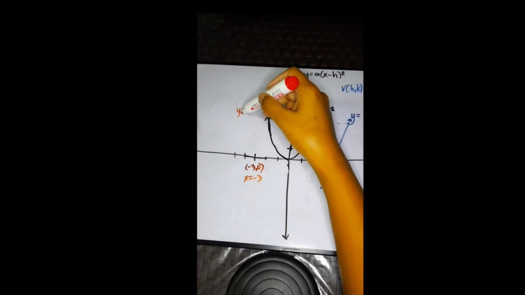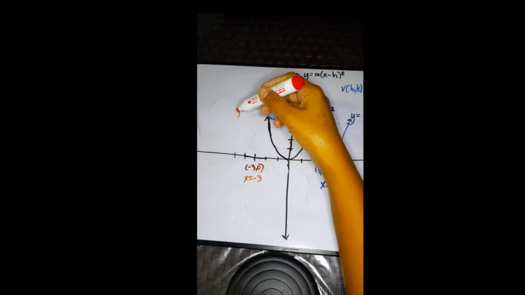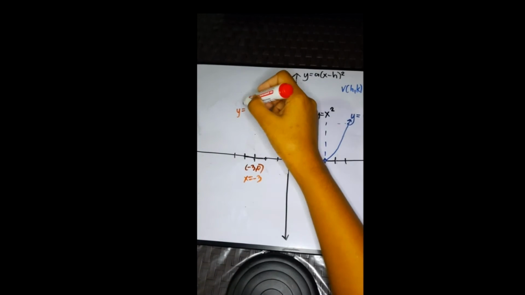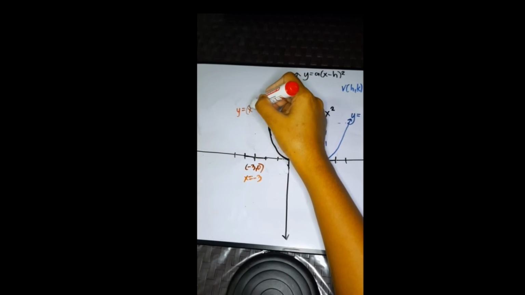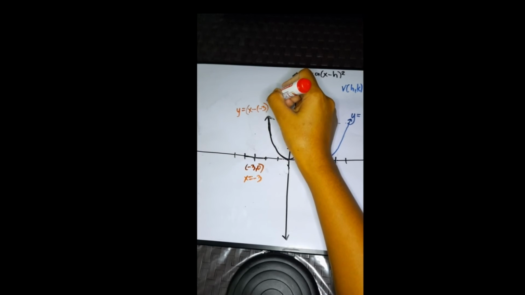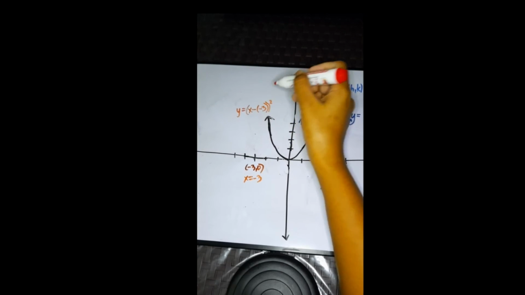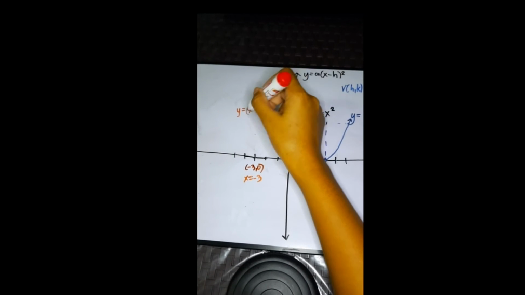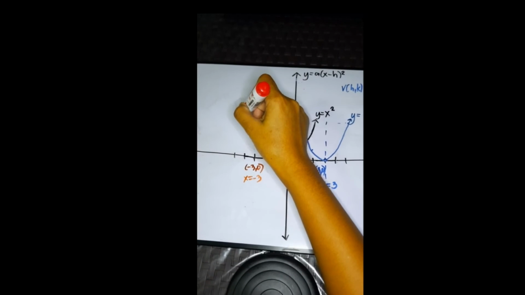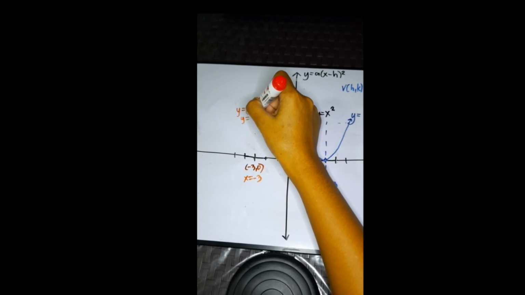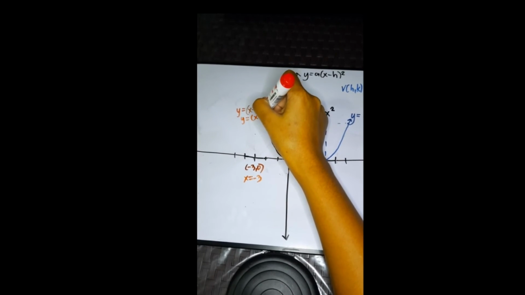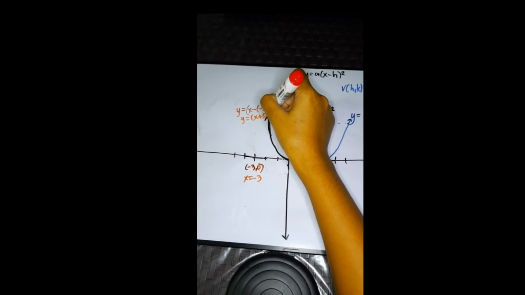So, y is equal to 1 times quantity x minus h, wherein our h is equal to negative 3 squared. So, simplify natin kasi meron tayong double sign dyan. So, therefore, our graph is y is equal to quantity x plus 3 squared.